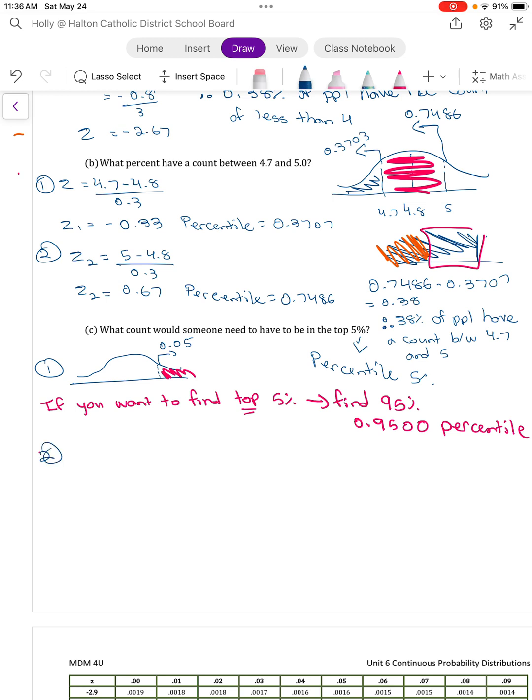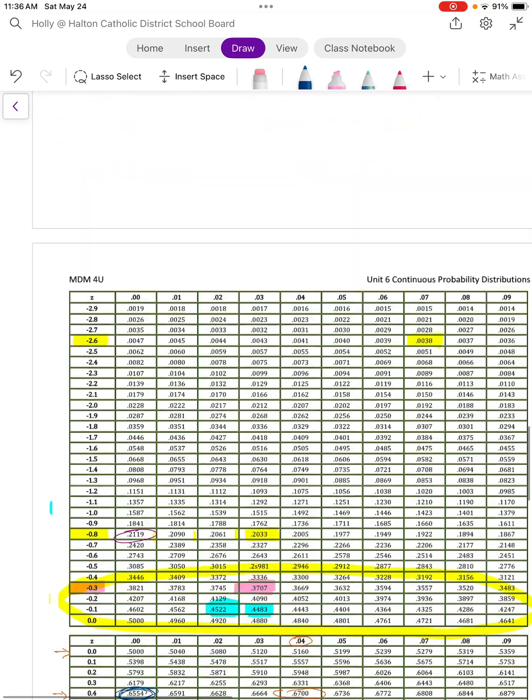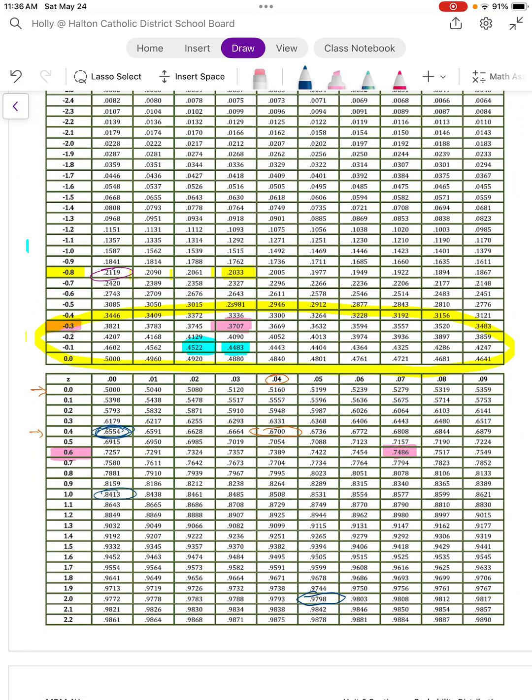So we're going to find the z-score for 0.9500. So this is 0.95. We could be looking at 0.9484. And I could also look at 0.9495.